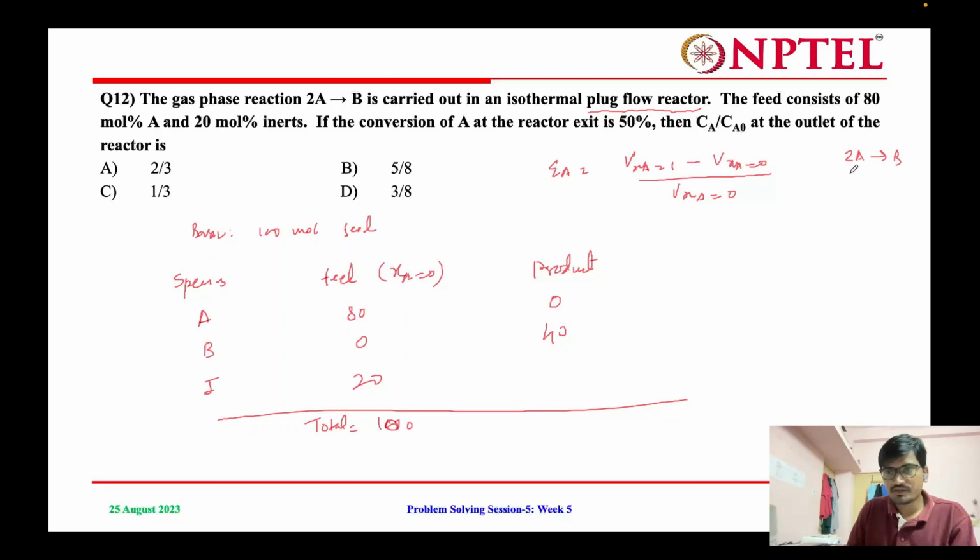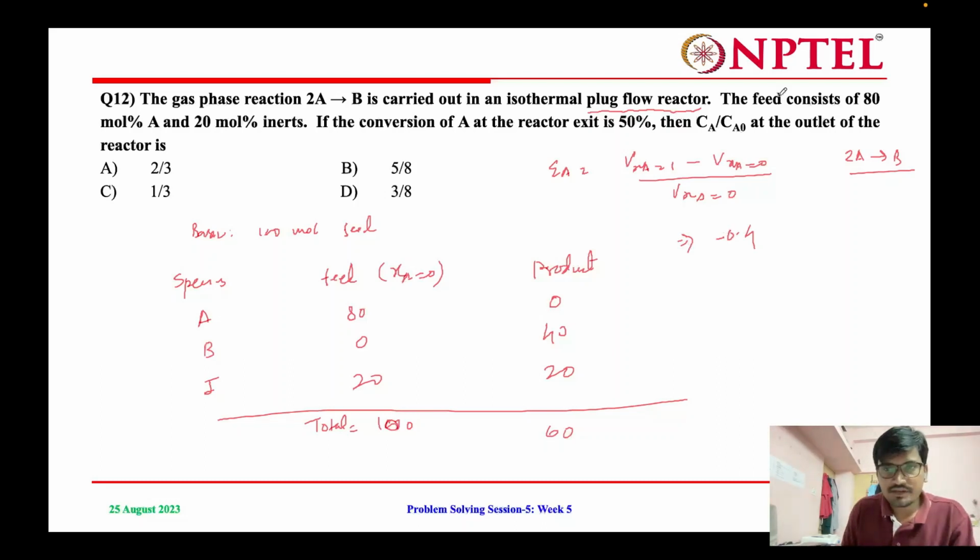Due to the stoichiometric reaction, inert will be the same, 20. Total is 80. Put this value in these equations and you'll get epsilon equal to minus 0.4.